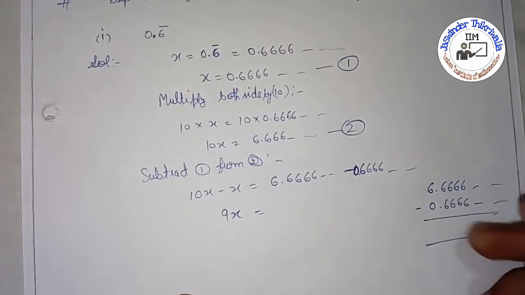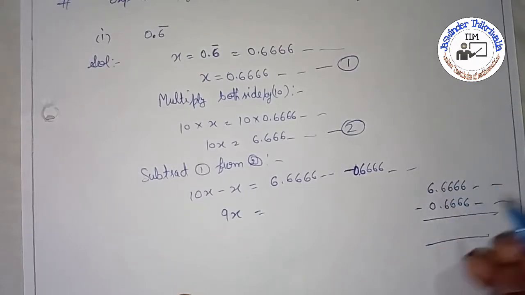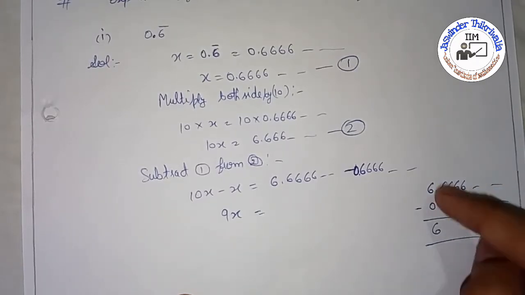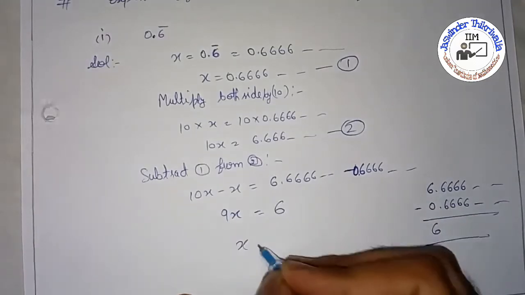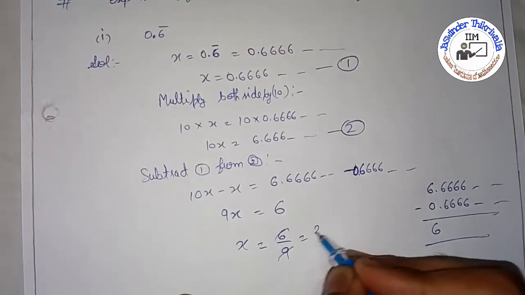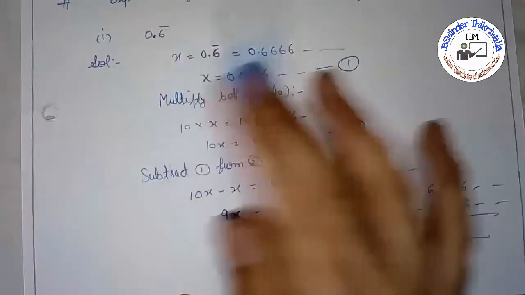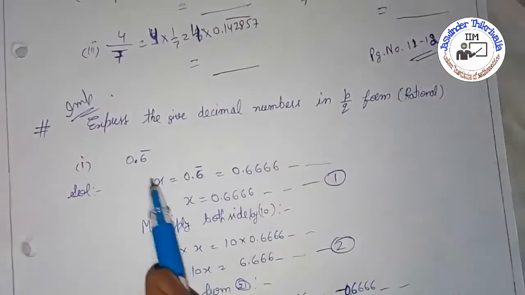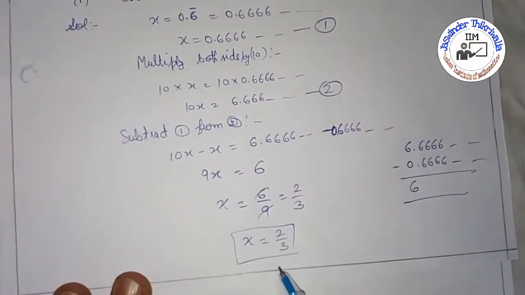This decimal part will cancel with each other, and the whole part will remain 6 only, because 6 minus 0 is 6 only. So on right side what we will get? 6. X value is equal to 6 upon 9. So simplify it, it will be 2 by 3. So what is its p by q form? P by q form of this number 0.6 bar is equal to 2 by 3.